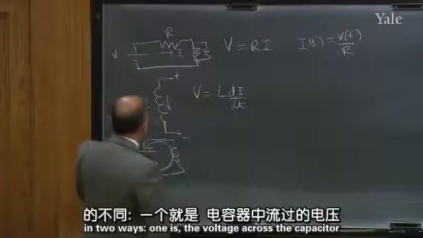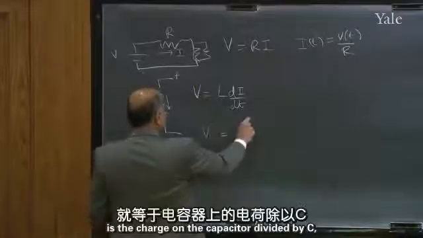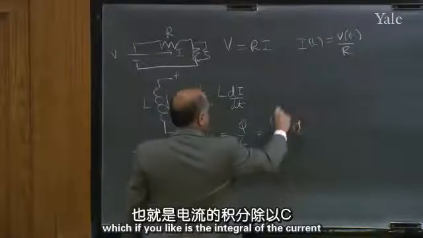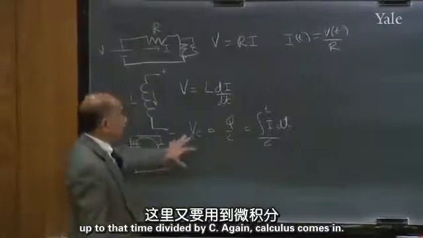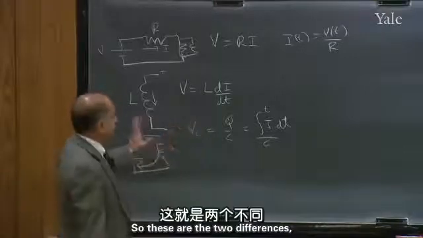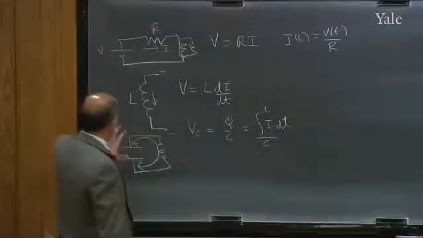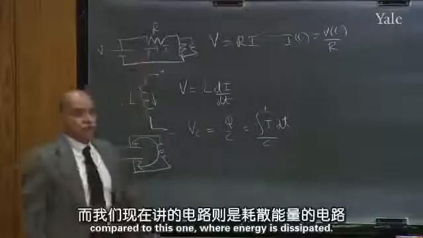One is the voltage across the capacitor is the charge on the capacitor divided by C, which, if you like, is the integral of the current up to that time divided by C. Again, calculus comes in. So these are the two differences. The relation between current and voltage involves either differentiating or integrating, and these are energy-storing circuit elements compared to this one, where energy is dissipated.